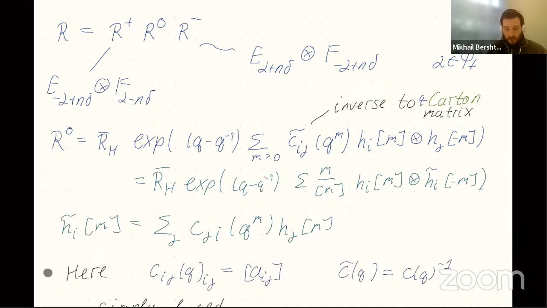Okay, is it clear what I'm doing? I will say the computation in more detail, but currently, is it clear? Are there any questions?